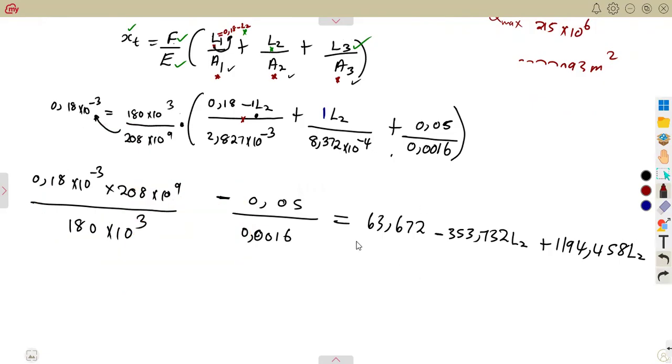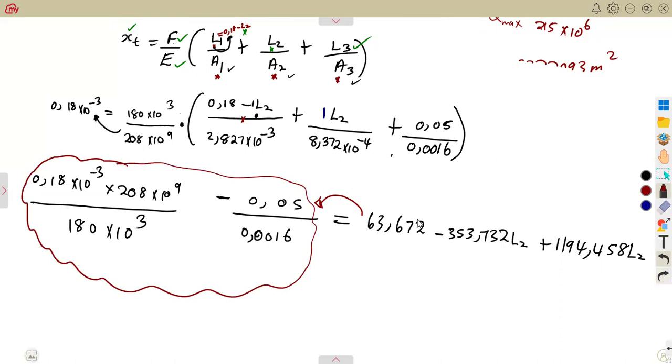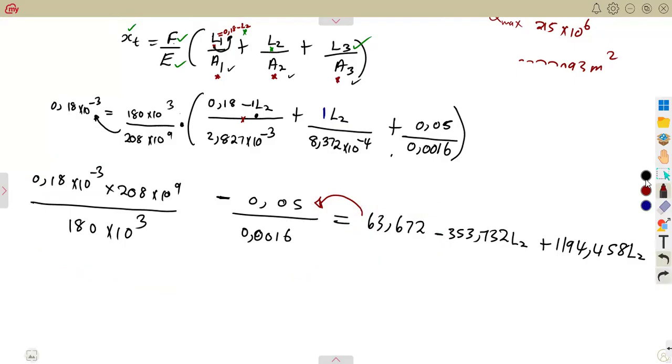Or with this, we can simply take this to the left side again because there is no L2 here on this one. So as you simplify this, combine this, guys. You combine everything like this. After that, subtract 63,672. Subtract it also there. You are going to get 113,078, which is equal to, definitely you've taken this to the other side.